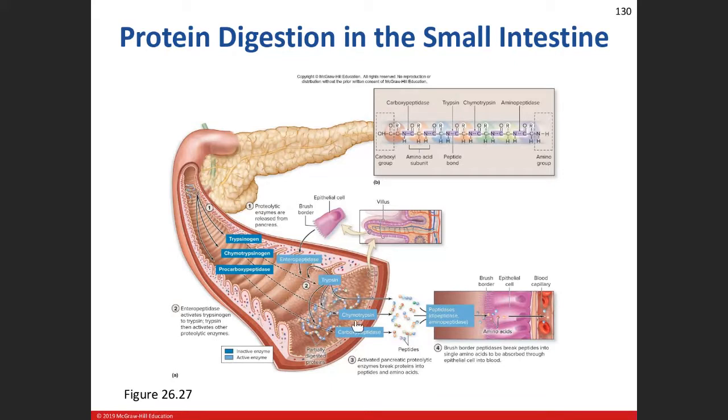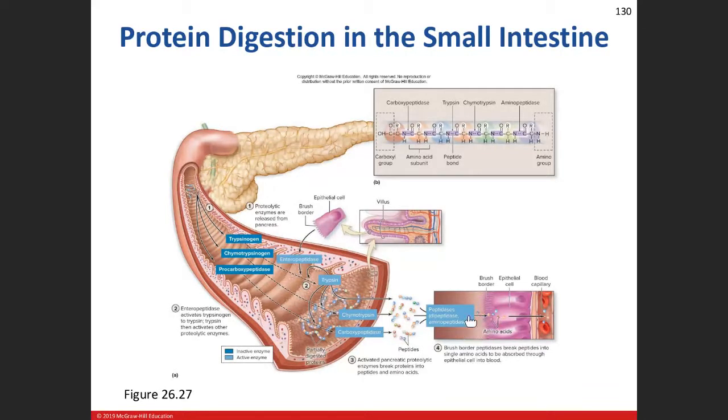Trypsin will also activate chymotrypsin and then our carboxypeptidase to start to make these larger oligopeptides into smaller peptides. And then our brush border enzymes here, dipeptidase and aminopeptidase, will start to clip off individual amino acids or break the bonds in between these two dipeptides.